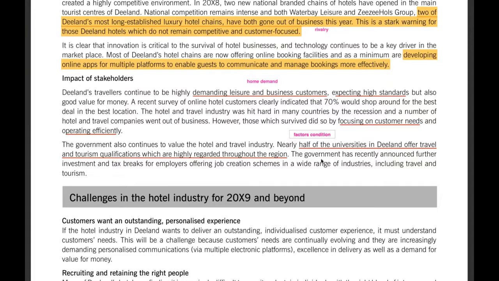Okay, in terms of the labor, things like that. And the government has recently announced further investment tax break, government support. Offering job creation schemes in a wide range of industry, which including travel and tourism.